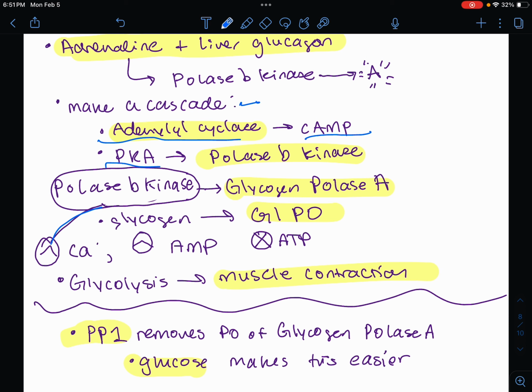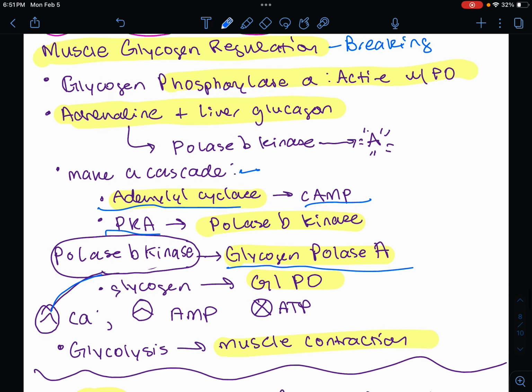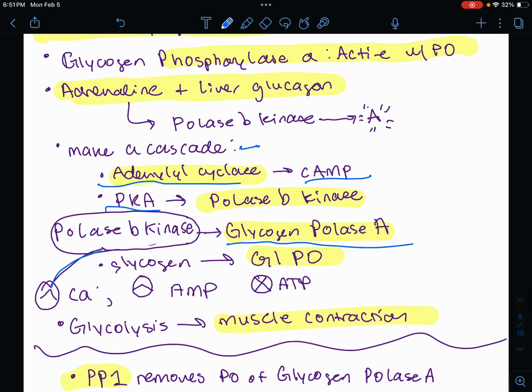When phosphorylase B kinase is turned on, we're going to get our glycogen phosphorylase B turning itself into glycogen phosphorylase A. So therefore, it's in the, again, most catalytically active state of that glycogen phosphorylase.